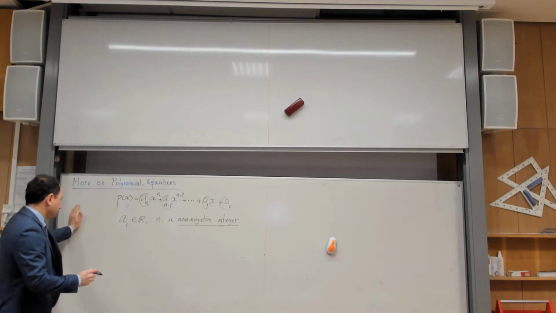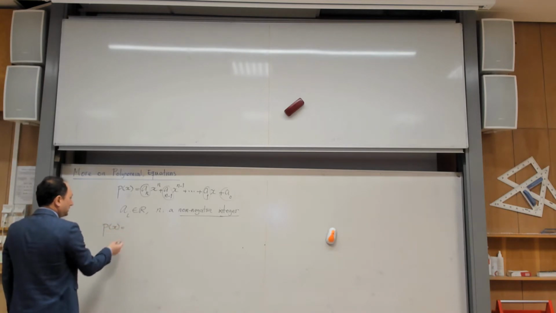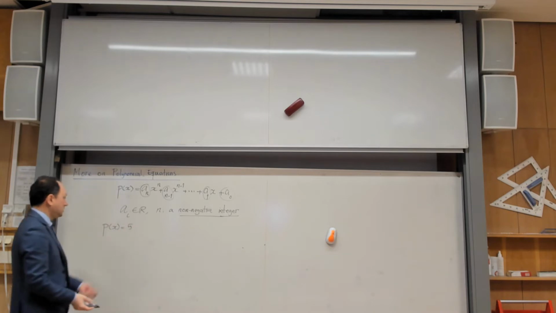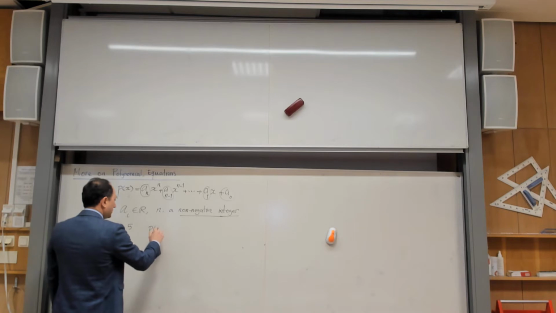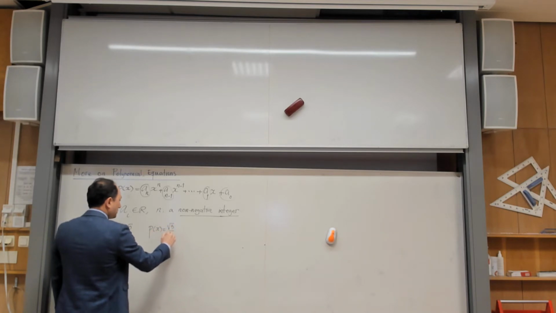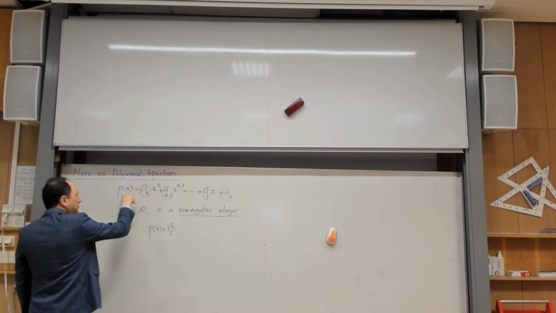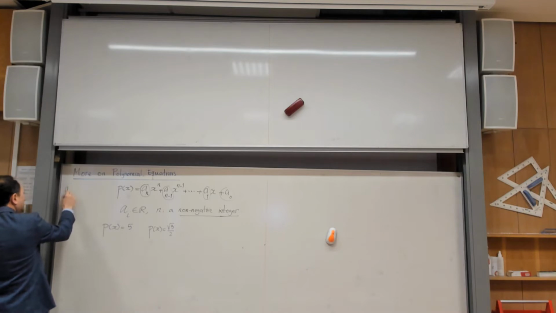For example, probably the simplest possible polynomial is a constant. So p of x equals 5 is a polynomial, yes? I don't know, p of x equals the square root of 3 over 2 is also a polynomial. By the way, the highest power that appears is called the degree of the polynomial. So if a sub n is not equal to 0, then the highest power that appears is called the degree of your polynomial.